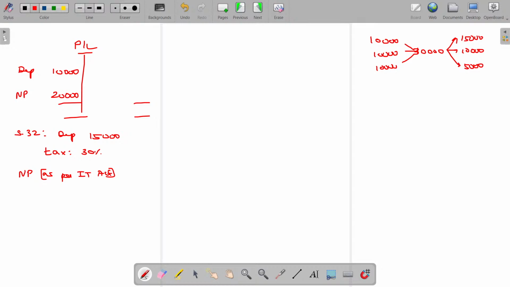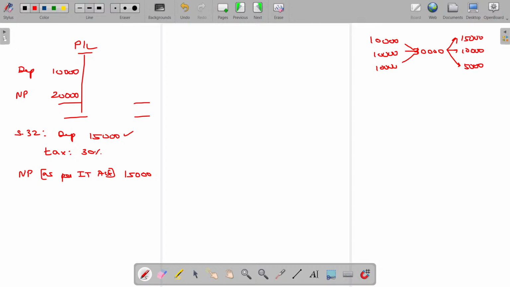Is that clear? As the depreciation for the income tax purpose is higher, your profit will be lower by 5,000, right? So you add the depreciation calculated in the P&L account, 20 plus 10, 30, and subtract 15. So 15,000 will be the net profit for the taxation purpose.